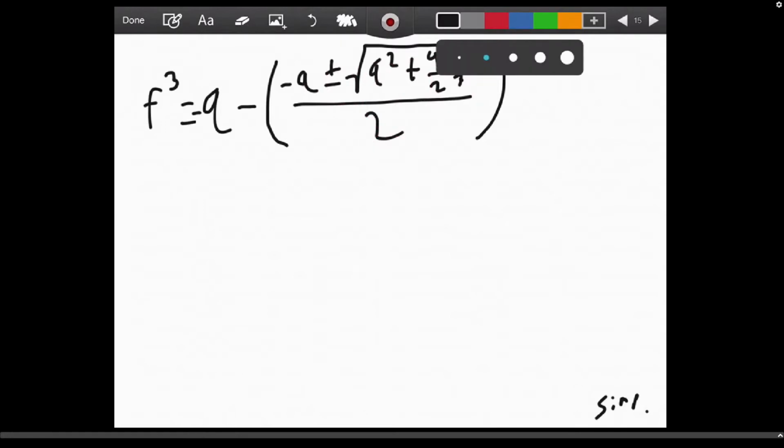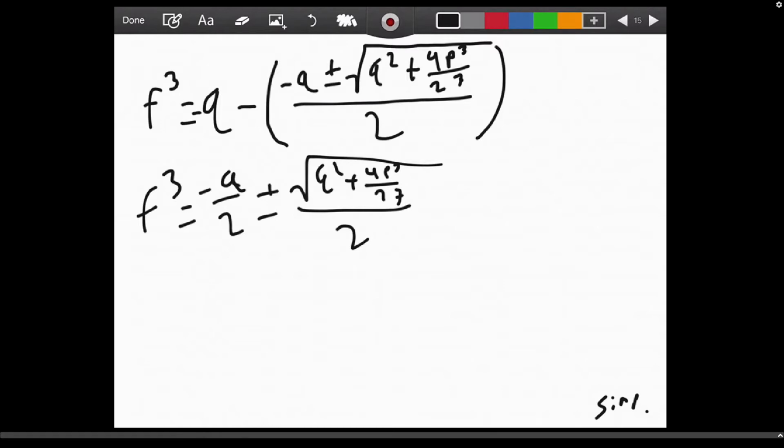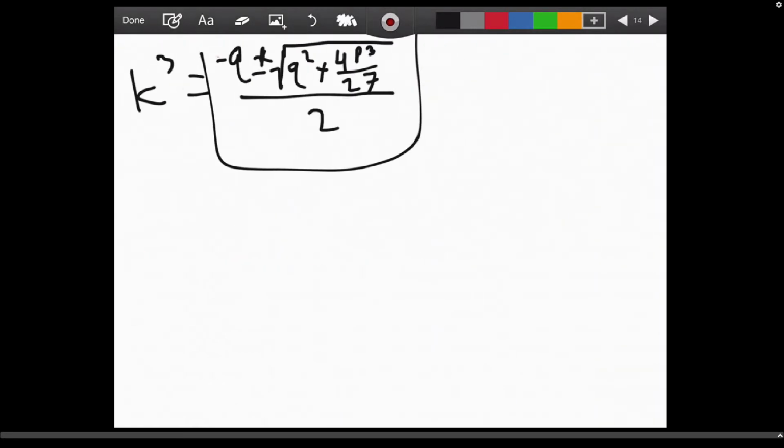And when you have negative q plus q over 2, it becomes negative q over 2 again. So it becomes negative q over 2 plus or minus square root of q squared plus 4p cubed over 27, all over 2. And what you'll see is f cubed and k cubed are the same. F cubed equals this, and so does k cubed.